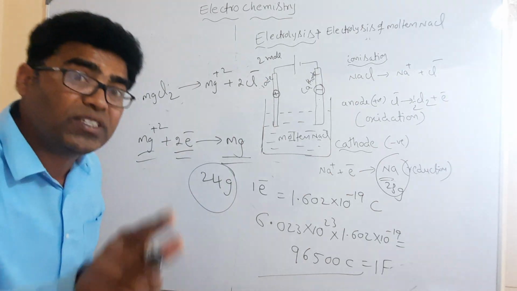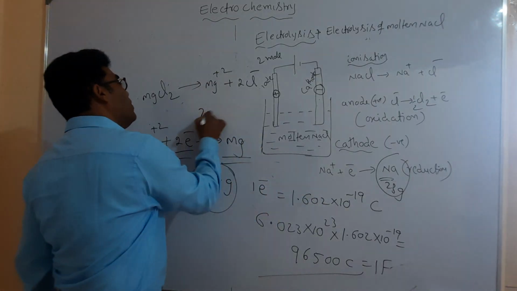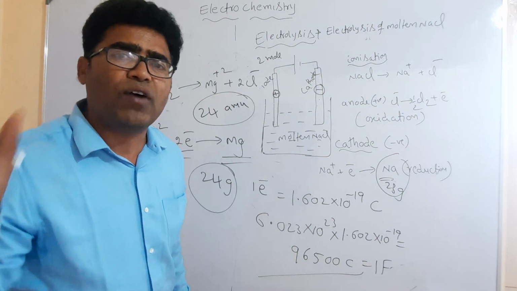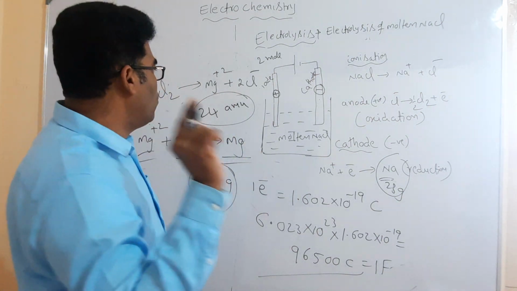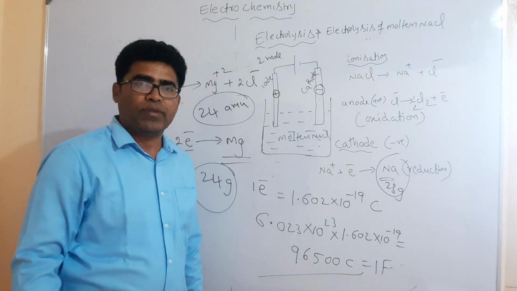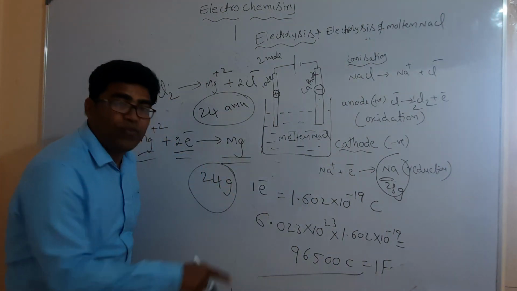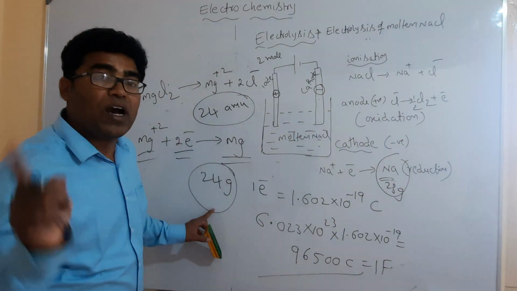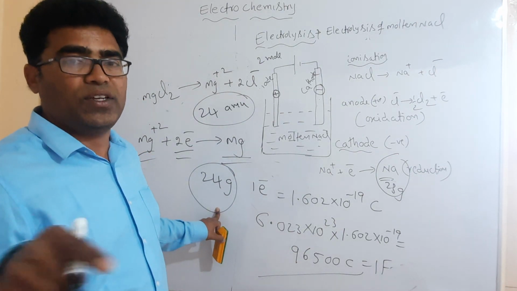24 gram magnesium is different from 24 AMU of magnesium. 24 AMU of magnesium means 1 magnesium atom. 24 gram of magnesium means Avogadro number of magnesium atoms.